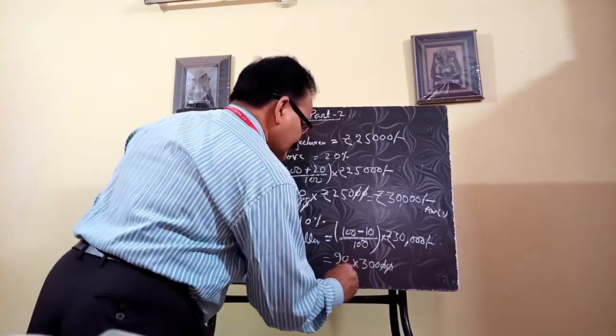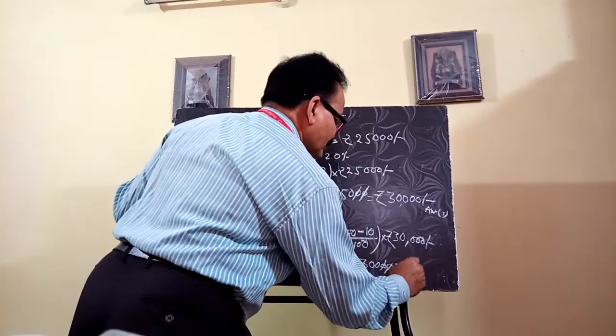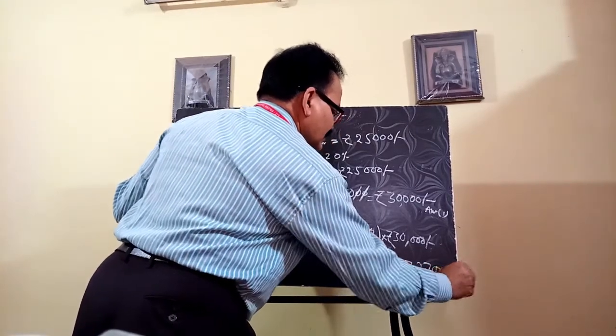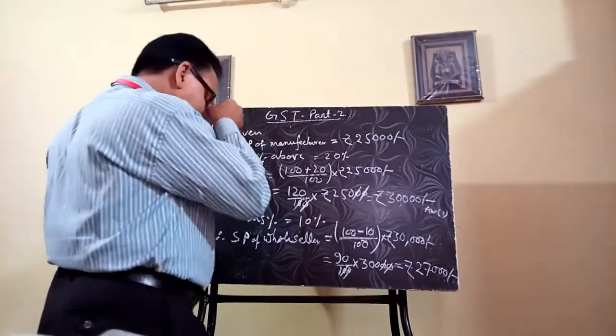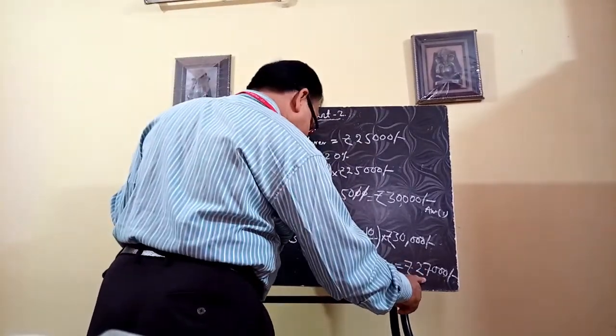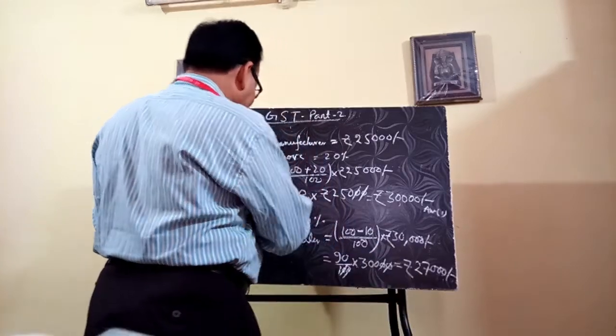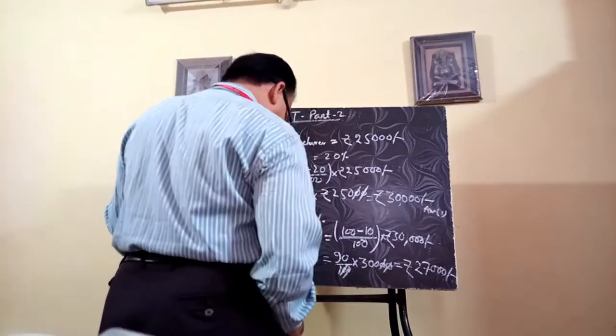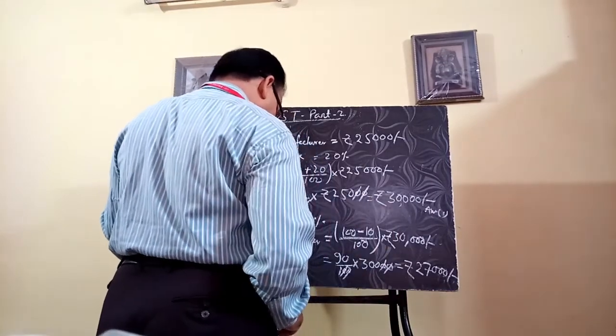So 0 cancels, and this is rupees 27,000. This is the SP of the wholesaler. The wholesaler sells it by allowing a 10% discount on this article.